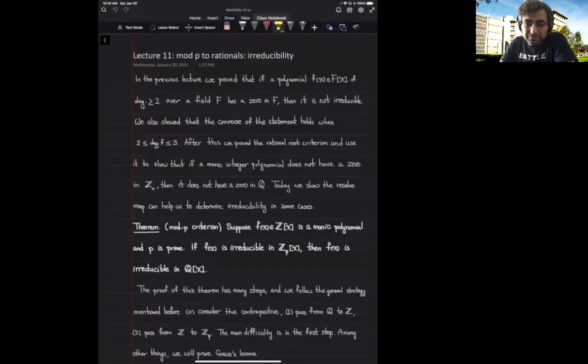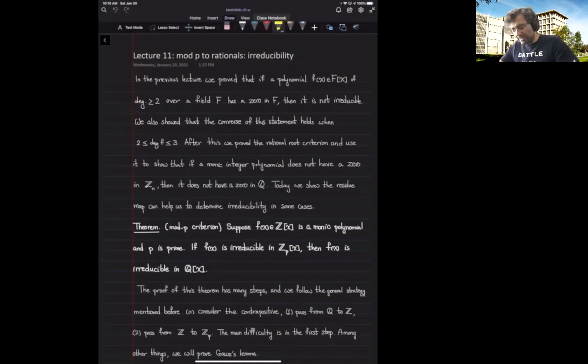So we assume that a certain property holds for Q, then try to deduce that that property holds for Z, and then we pass from Z to Z sub n. So sometimes in more advanced theorems, maybe Z is not good enough, and we allow certain prime factors to be in the denominator, but we don't get to that. So let's go back to what we want to do next.